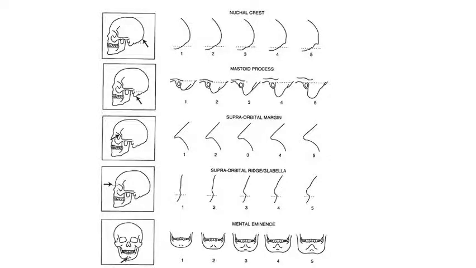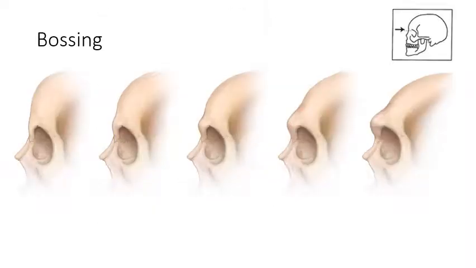All right, so looking at bossing, the area that we're interested in is the general dimorphic feature, or physical feature, that we see with respect to the frontal bone. If we look at the right hand corner, we see an indication of the area that we're looking at, the frontal bone, and we'll put in a couple of symbols.